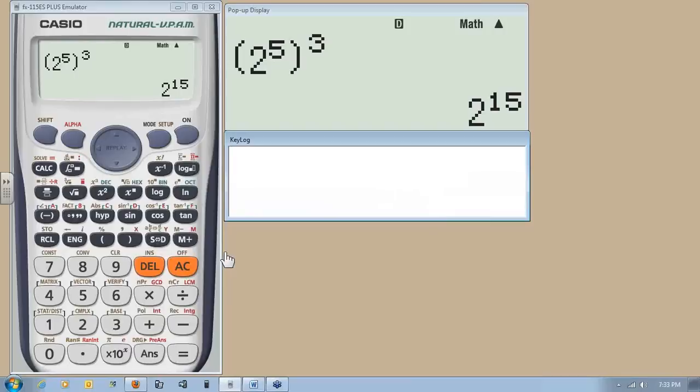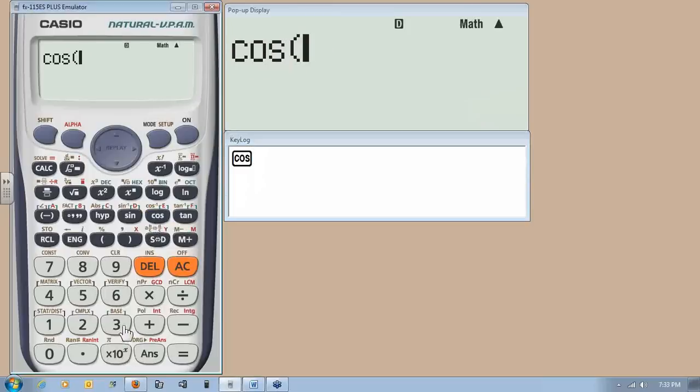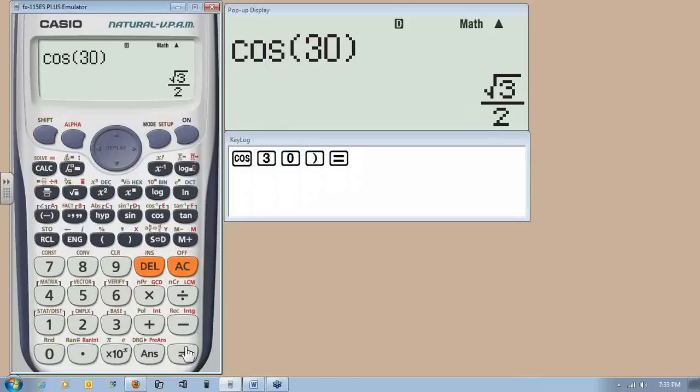Let me clear that. Let's go into something a little more into the high school realm. Some 8th grade, I know the Common Core is asking us to do a whole lot more with sine, cosine, and some trig ratios. So we've got trigonometry. Let's see what happens when we take the cosine of 30 degrees. Simplified radical form.